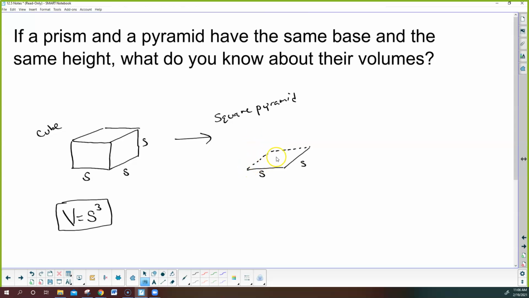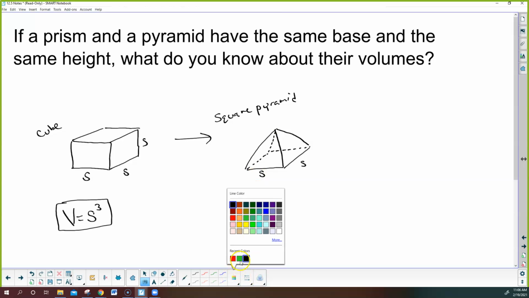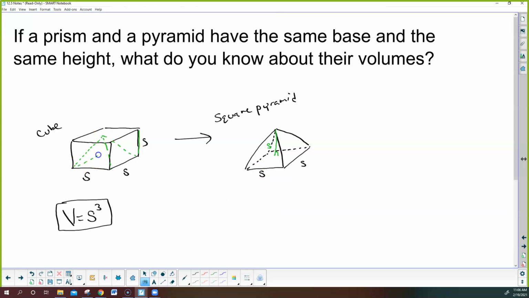But now, instead of making it a cube, I'm going to make it into a pyramid. All right. Now, if I drew this perfectly, this height here is going to be the exact same height right here. So there's my side length, right? So that side length is the same as this height. And if I could draw this inside of it, the pyramid would kind of look like this on the inside.